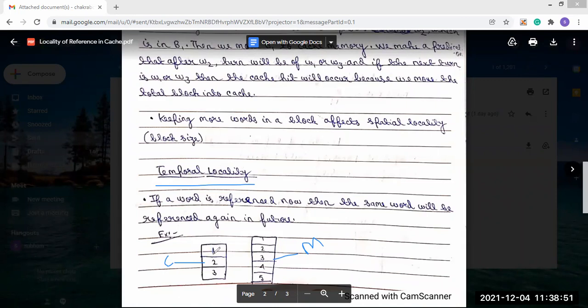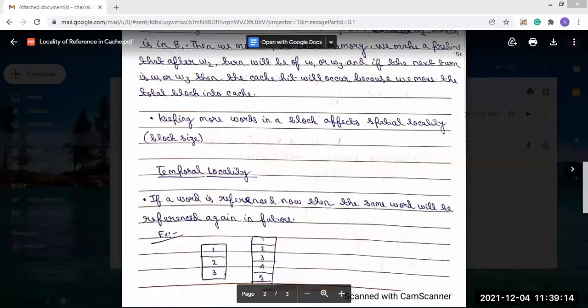But the first block came very early, and this will not be referenced again soon. So we will replace this first block, and accommodate the fourth block in this position.